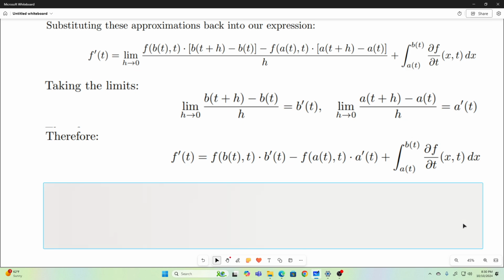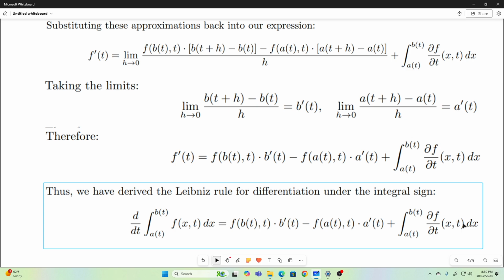And that is the rule that we are going to be using to derive a bunch of really cool integral formulas on this channel. And these are formulas that typically you would not be able to derive without techniques like contour integration, Fourier series, things like that.